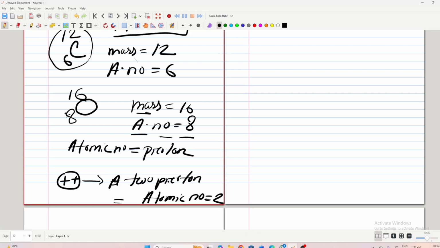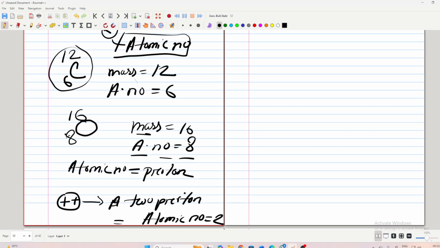If an atom has 3 protons, its atomic number will be 3. That means this carbon's atomic number is 6, which means it has 6 protons.